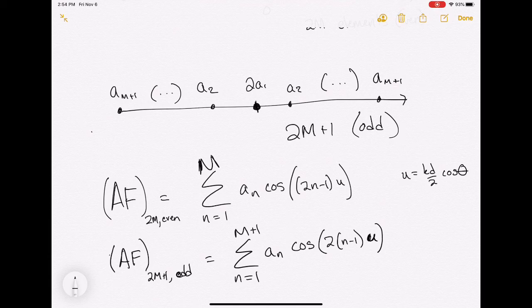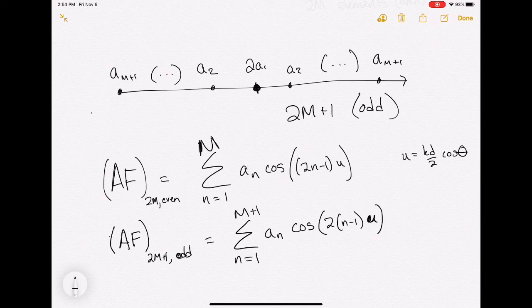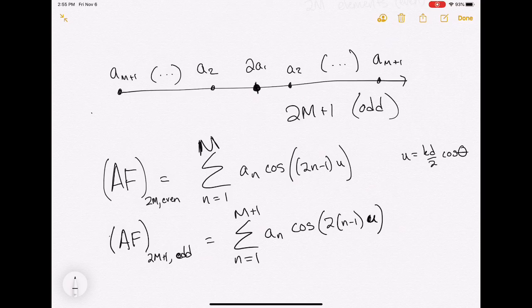And here, then you have to say that the center element has amplitude 2 times a sub 1. This formulation works out the same as the one that I wrote down without the cosines.